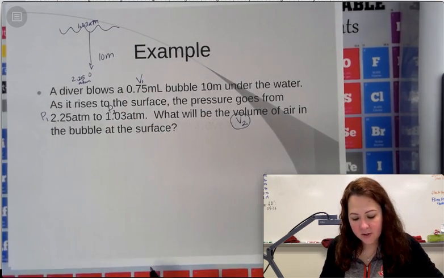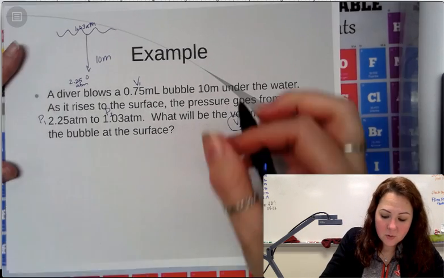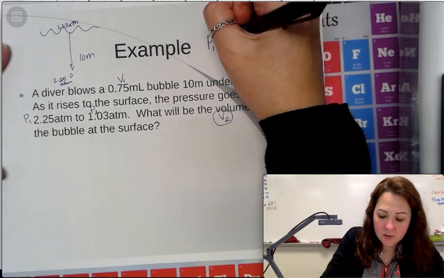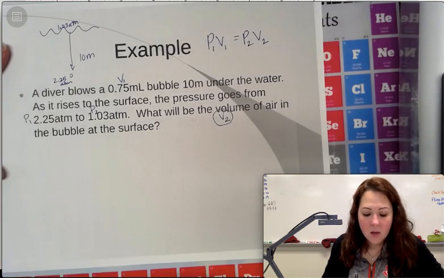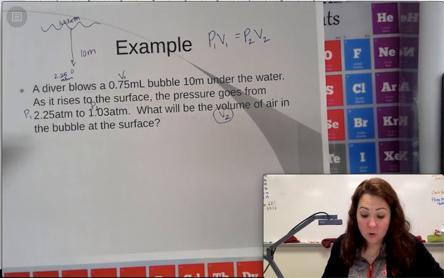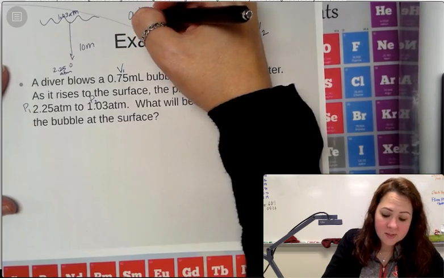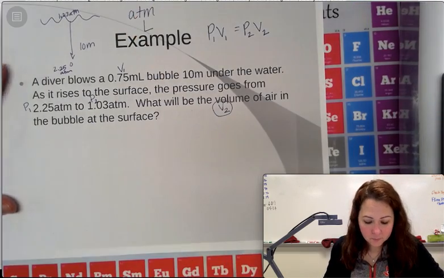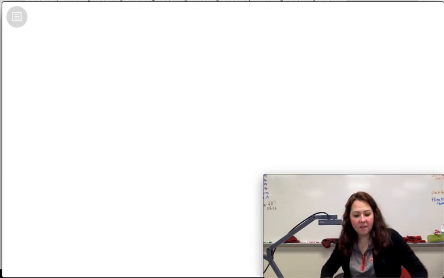So once you get an idea of what you need to do to solve the problem, you're going to use the equation P1 times V1 is equal to P2 times V2. So with this, we have to make sure that we have the correct units. I always have to use ATM. I always have to use liters. I have 0.75 milliliters.